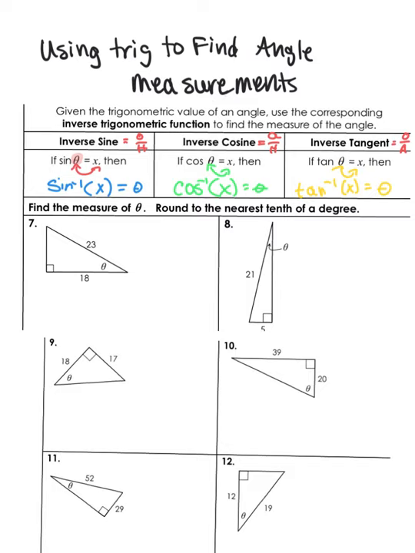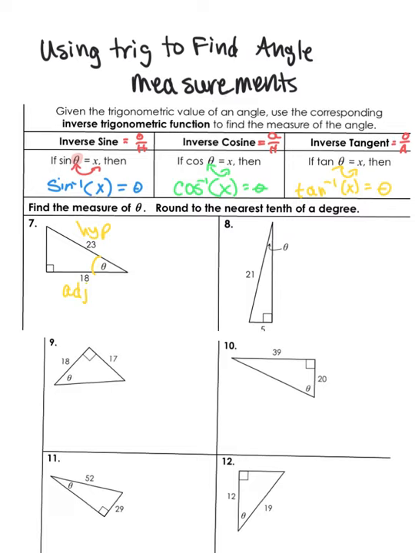Okay, so like for all of the other problems, I'm going to start by figuring out which angle we're talking about. So the indicated angle is almost always my theta, and I'm going to label the triangle with opposite, adjacent, and hypotenuse. So in this case, 18 is my adjacent, 23 is my hypotenuse. Which trig function deals with the adjacent and the hypotenuse?